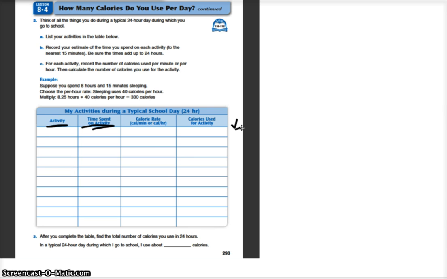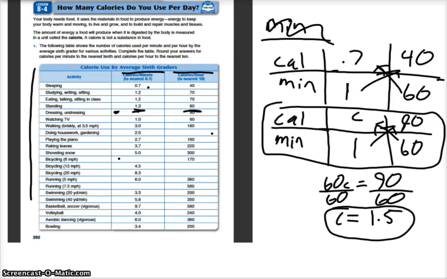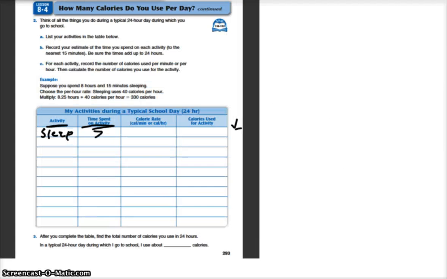So for example, for me, I typically get about 7 hours of sleeping. So I'm going to say sleep, and around average 7. I try to get more. Sometimes I get a little less. So by looking at the rate, sleeping, I burn 40 calories an hour.